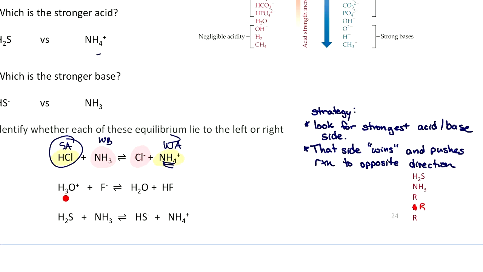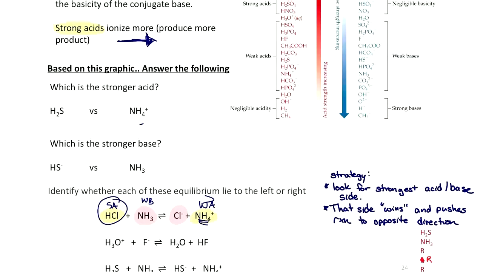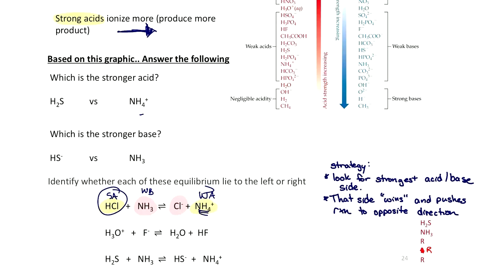So we have hydronium and then fluoride combining. So to me, hydronium is the acid. Fluoride has to be the base because fluoride has no protons. So what we want to do is compare the two acids. So H3O+ versus HF. I need to know which one of those acids is stronger. And so you locate them on the table. H3O+ is right here, while HF is right here. All right? So H3O+ wins.